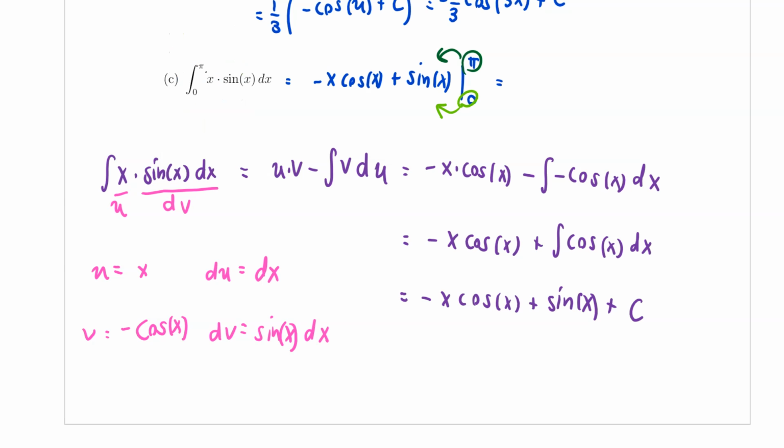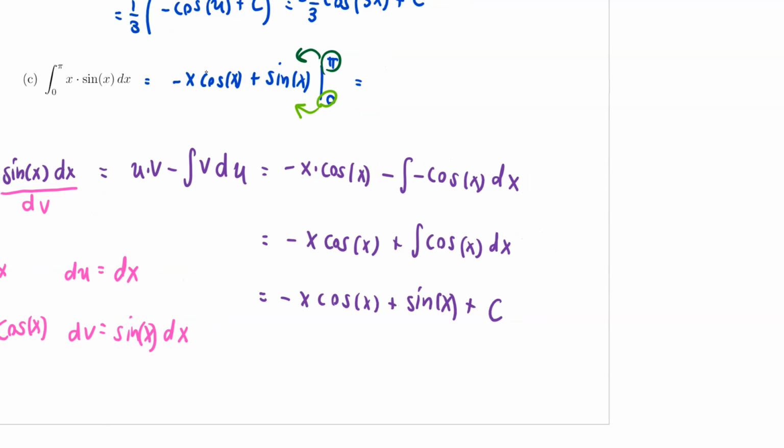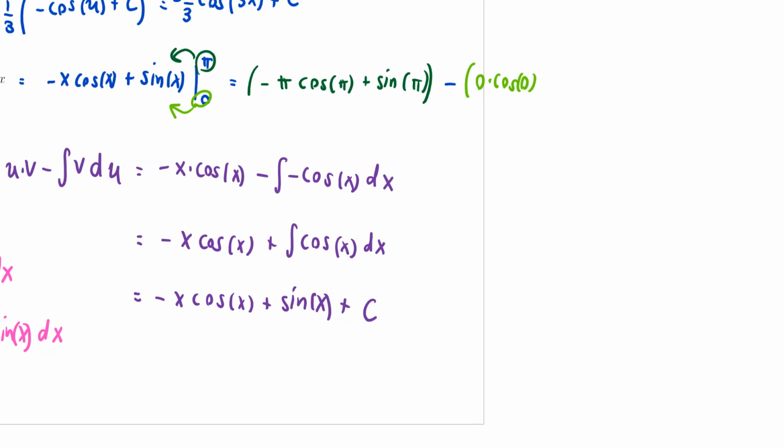So this is going to equal, let me see, if I plug in the upper number, that's going to be negative pi cosine of pi, and then plus sine of pi, and I subtract this by, let's see, if I plug in the 0, that's going to be 0 times cosine of 0 plus sine of 0.